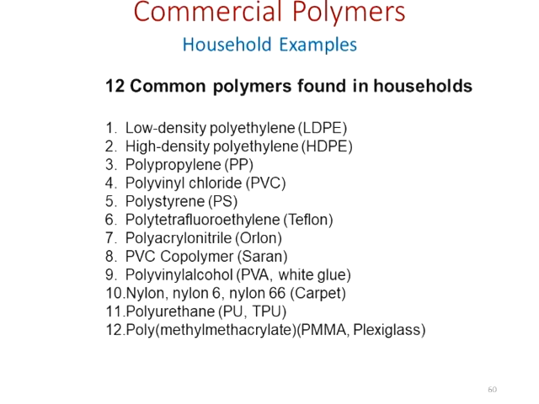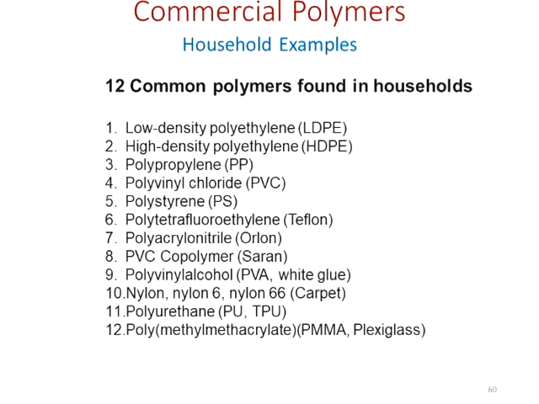You can't escape them. Now, when we consider household examples, there are 12 common polymers that we find in any household, or really office examples will work just as well. Any of your workplaces, any of the restaurants or any retail stores, or any other places like that, you'll find polymers all over.